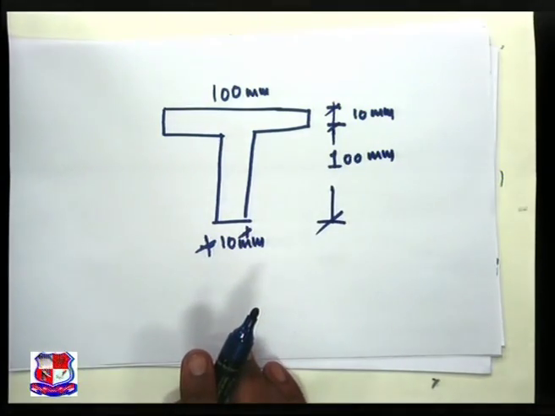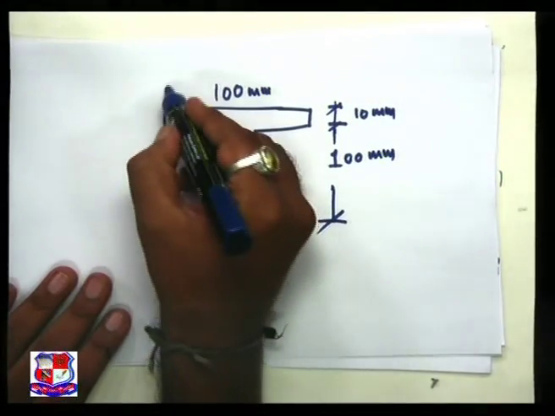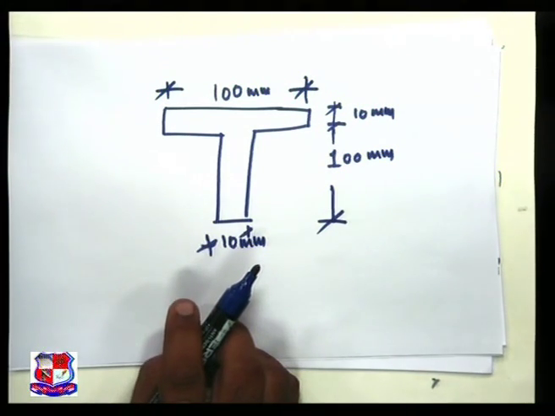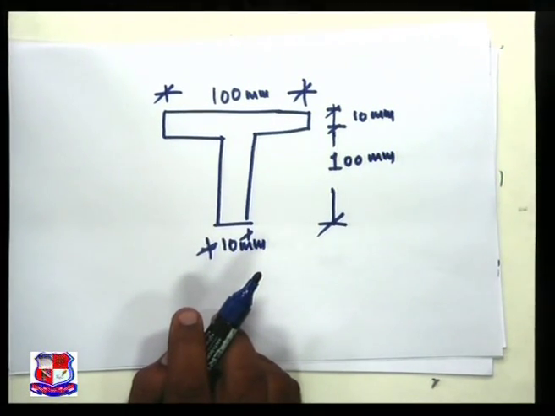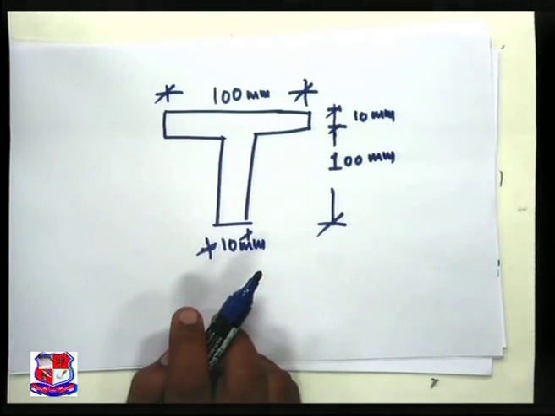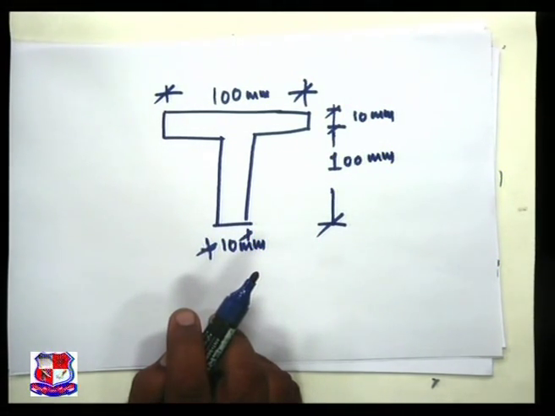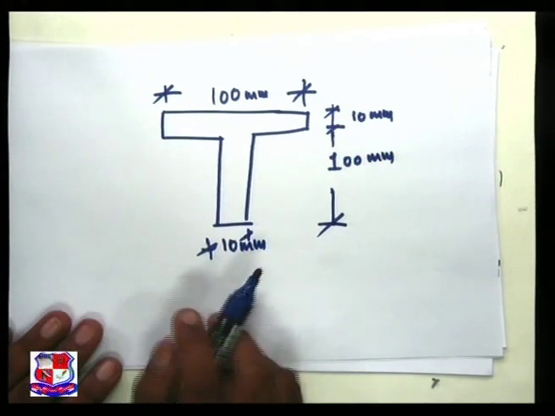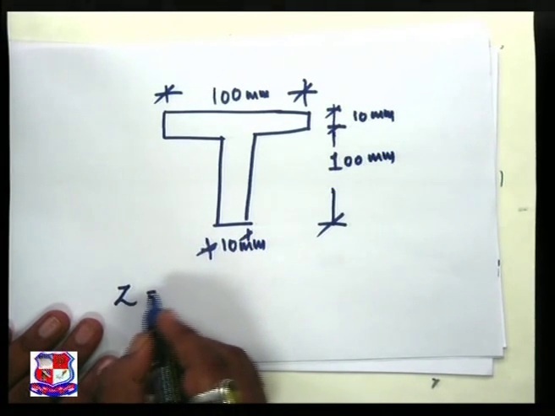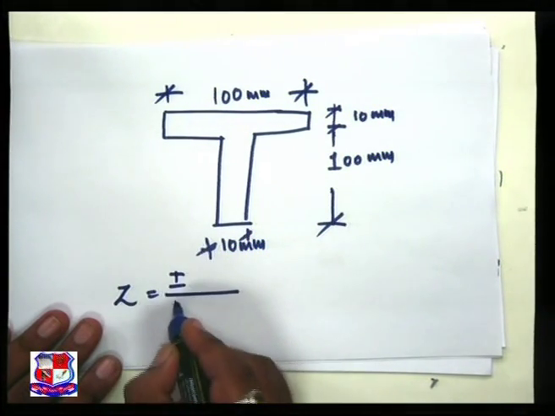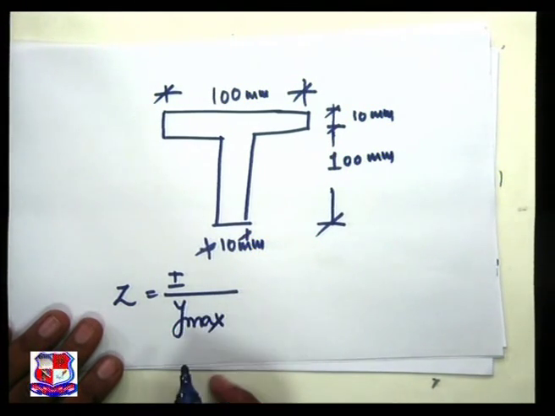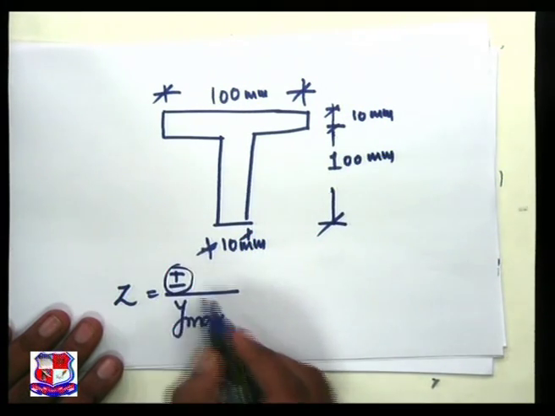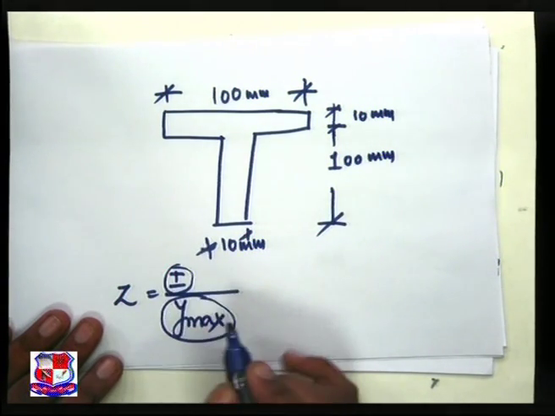Now, how to find out the section modulus for a given section? To find out the value of Z, it is utmost important to find out the value of I and Ymax. Our basic fundamental formula is Z is equal to I by Ymax. So we have to find out the value of I and the value of Ymax.